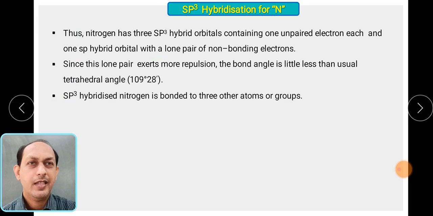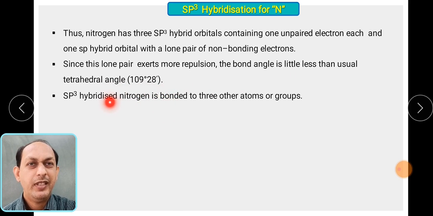Let us see the example of sp3 hybridization. We have seen that 3 sp3 orbitals contain 1 unpaired electron each, and one sp3 hybrid orbital contains a lone pair, that is, non-bonding electrons. As there is repulsion between lone pair and bond pair, and bond pair and bond pair, you can expect the tetrahedral angle to be slightly 109 degrees 28 minutes.